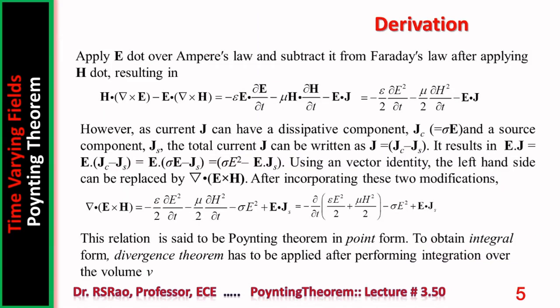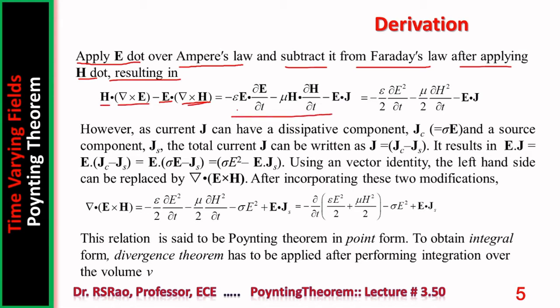Now, how has that particular relation been derived? One way is by using Maxwell's equations. Apply E· over Maxwell-Ampere's law and subtract it from Faraday's law after applying H·. That is, subtract E· applied over Ampere's law from Faraday's law after applying H· del cross.